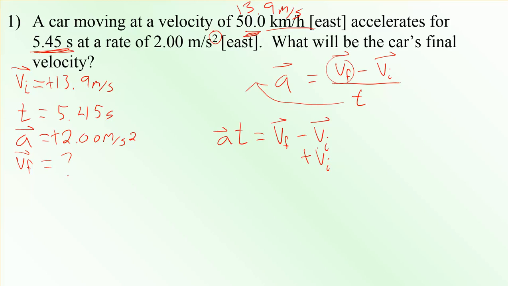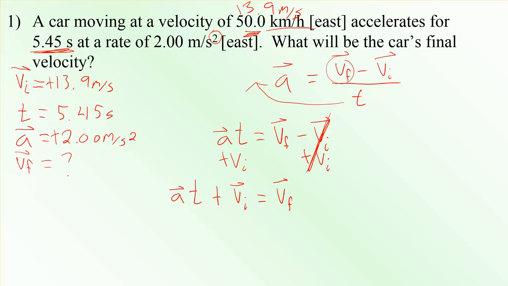Minus Vi plus Vi equals 0, so I can just get rid of that. I need to add Vi on this side. Alright, let's rewrite this again so we can see what we have. So, acceleration times time plus our initial velocity is equal to Vf.